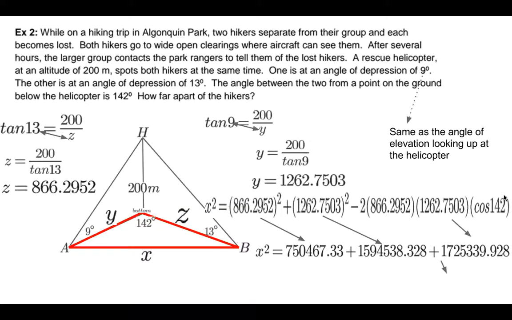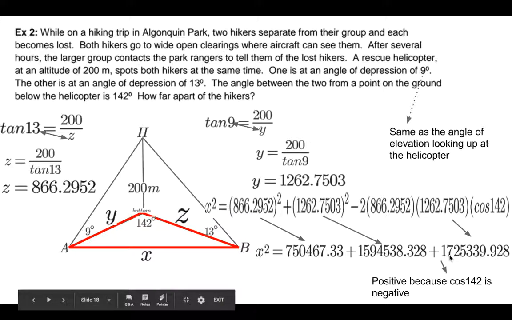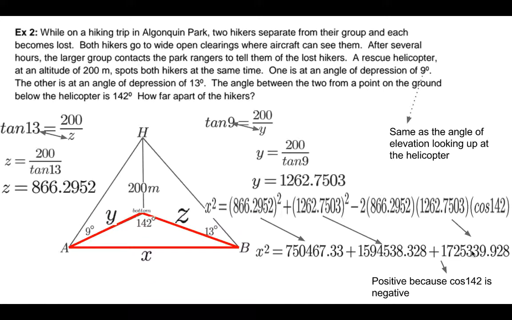The cosine 142 is actually negative, and we'll see why more when we start studying angles above 90 degrees. But when you do it in your calculator, cosine 142 comes up as negative. So these four things multiplied together give you positive 1,725,000. Add those up and square root. Just like in Pythagorean theorem, you get 2017.51 meters.